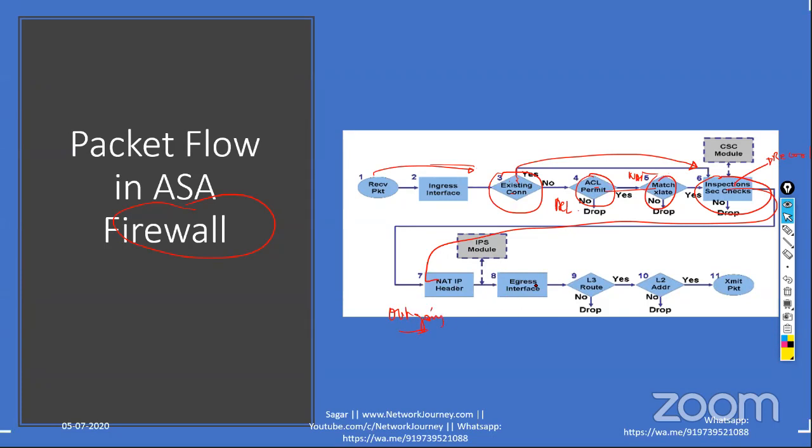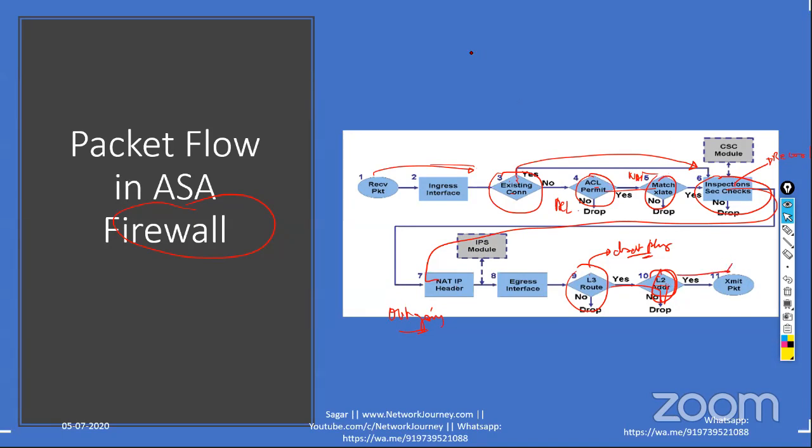That's nothing but sending it towards the outgoing interface, the egress interface. It does the route lookup to see which destination physical interface it has to send the packet to. It checks the L2 header, whether the rightful L2 information is associated or not, and then it finally goes out.